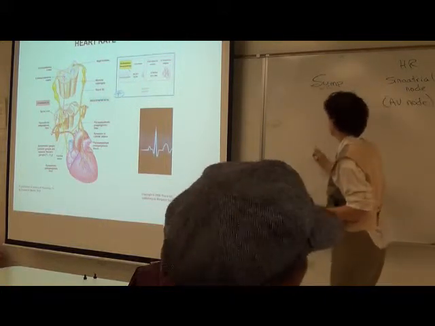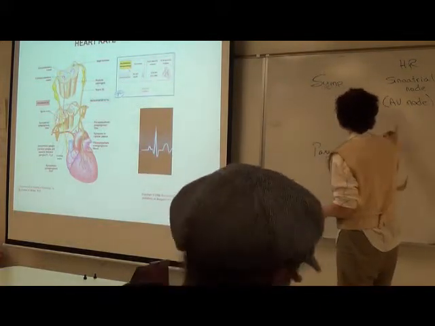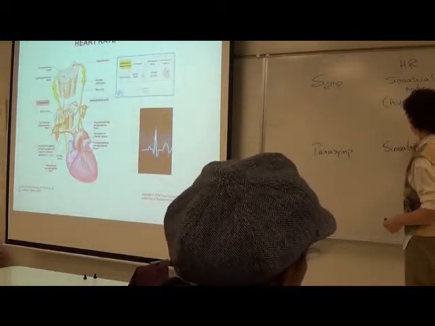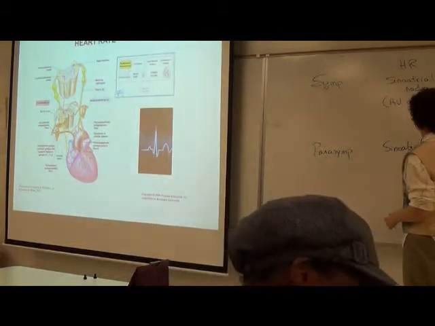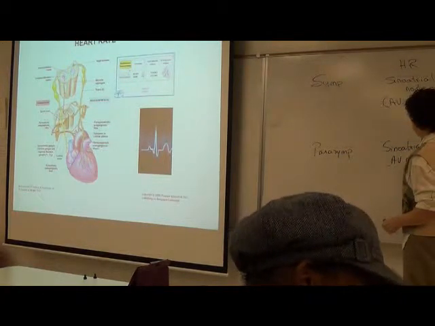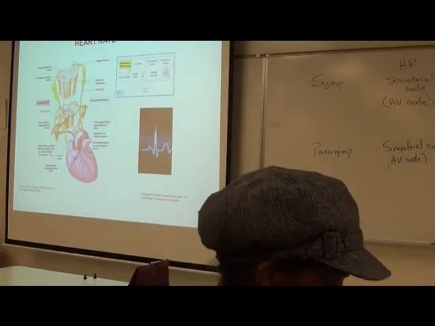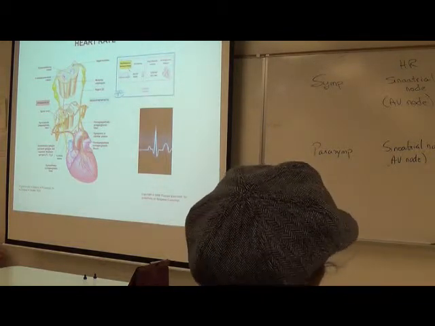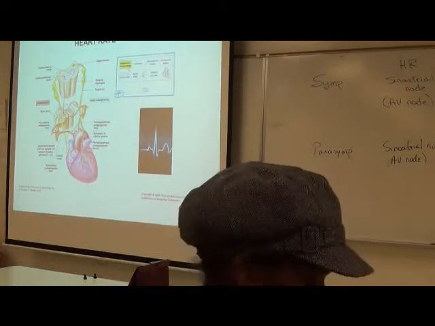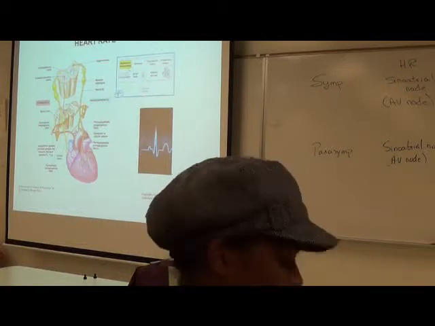For parasympathetic, it has receptors also primarily on the sinoatrial node, to a lesser extent on the AV node. But the only receptors it has on contractile cells are inconsequential. They are on the atrial cells. There are no receptors for acetylcholine on ventricular cells.